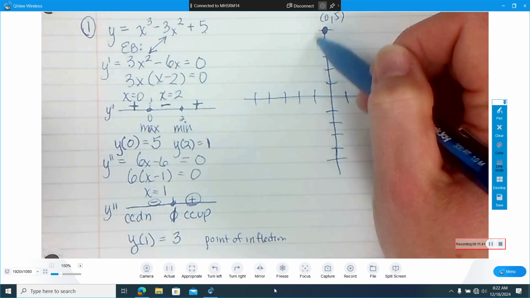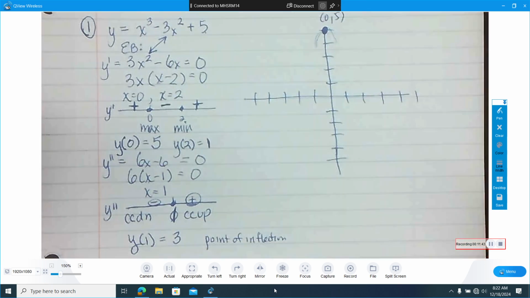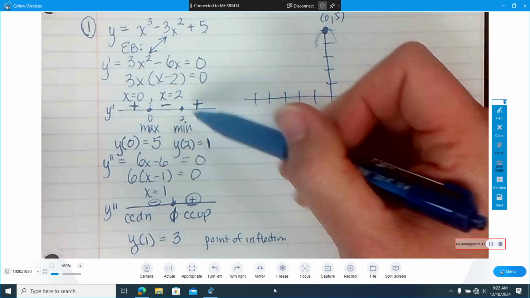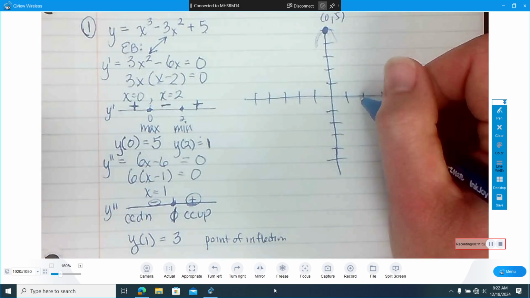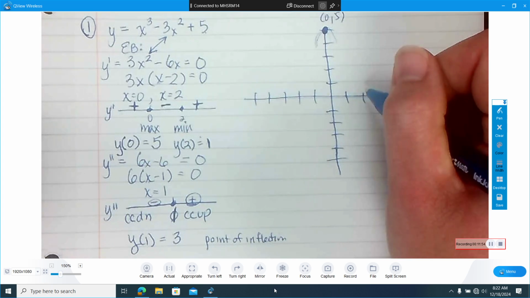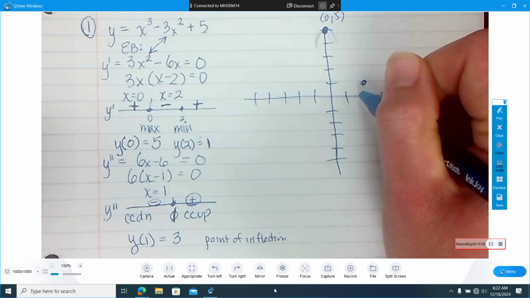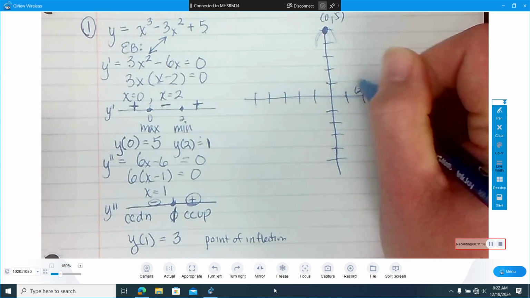So I'm maxing out here. So thinking that's the maximum of a curve. And then at 2, 1, I'm at a relative minimum. 2, 1, right there. So this is a relative minimum.